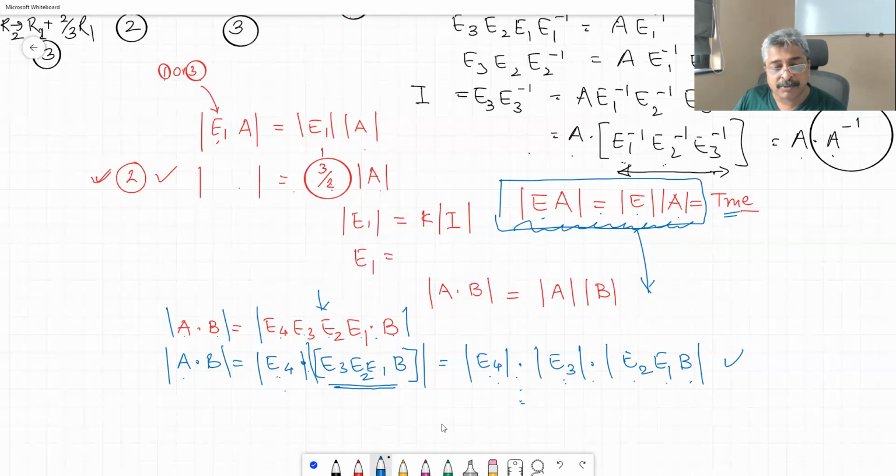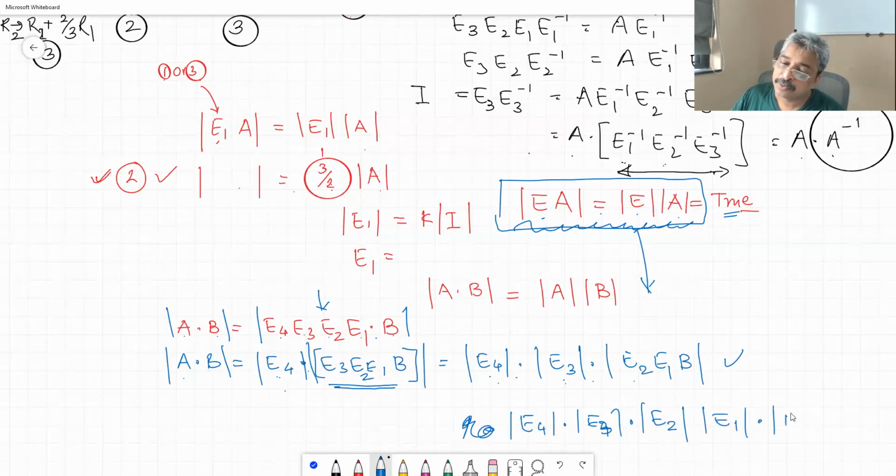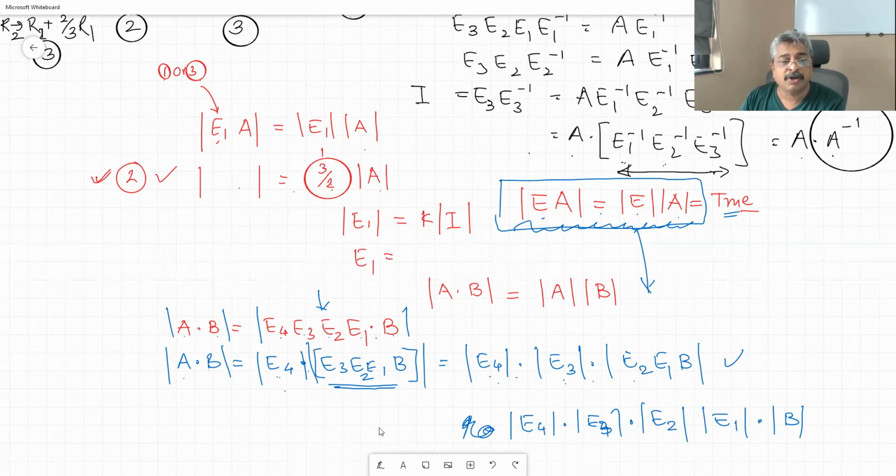And therefore, with a couple of steps, what we will get is elementary transformation matrix 4 multiplied by elementary transformation matrix 3 multiplied by elementary transformation matrix 2 multiplied by elementary transformation matrix 1 into B. That is what is going to be A into B, determinant of A into B. And now what we are supposed to do is put them together.